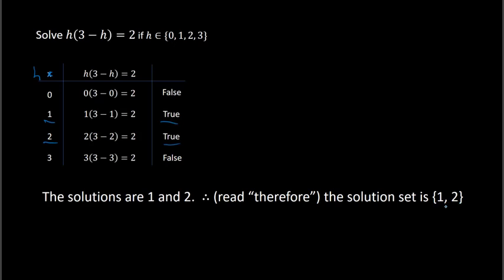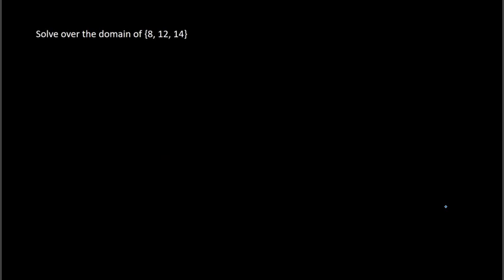Here's another example. This says solve over the domain of 8, 12, and 14. And you are told that 4 more than twice a number is 32. And the question is, what is the number?